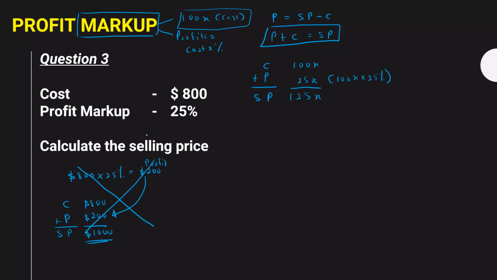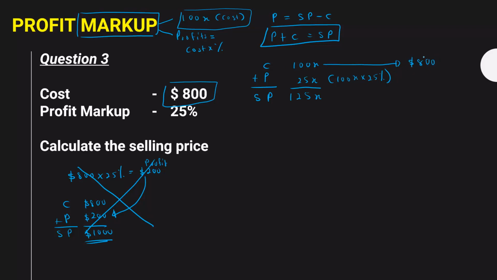Now let's calculate the selling price of this question. We can't calculate the selling price directly because they have given only the cost, so using the cost only, I am going to calculate the selling price. Pay attention everyone. The 100x is equal to how much? $800.